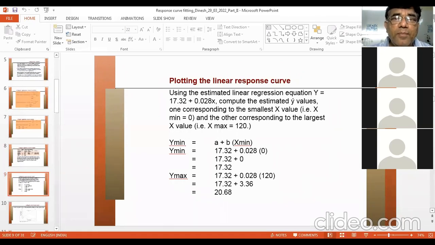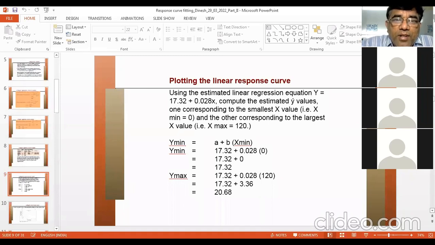Here, because your regression coefficient is the same across all the levels of input, your delta y upon delta x is the same with each increase in input.